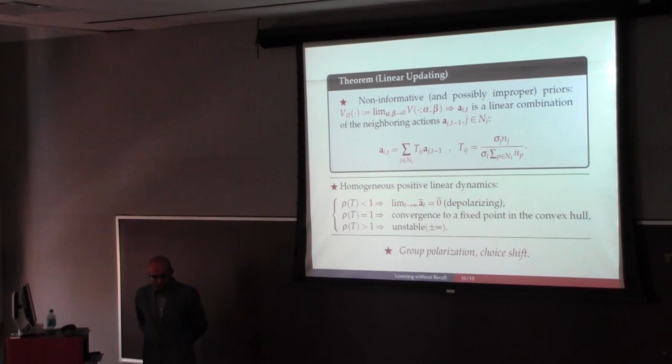So to get rid of these affine constants, we need to have non-informative priors, meaning priors that do not influence actions. A good example would be a uniform prior that doesn't give you data. That's true for a beta distribution, actually.